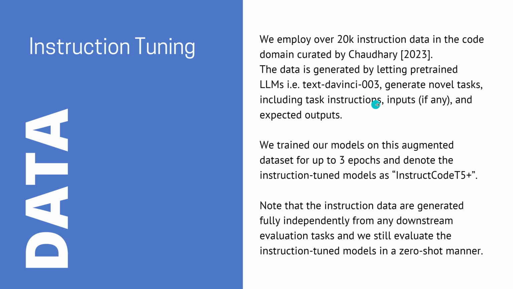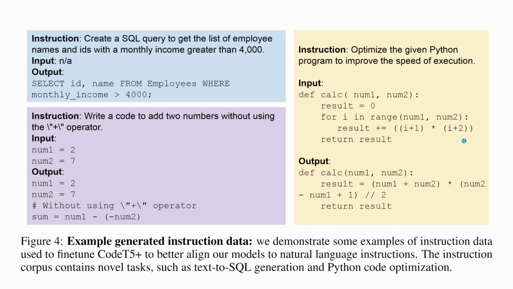And they include the task instruction synthetically, the inputs, and of course the expected output. So the input-output pairs plus the instruction is their synthetic self-instruction fine-tuning dataset. And they call this InstructCodeT5 Plus model. So whenever you read InstructCodeT5 Plus, you know this is from OpenAI synthetic dataset generation.